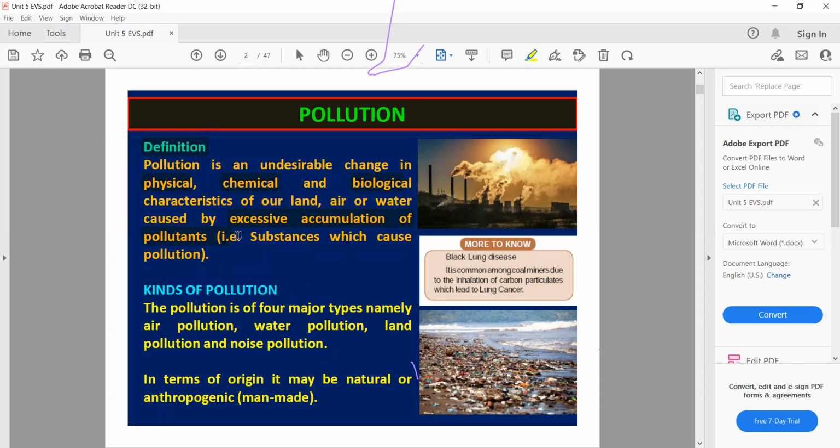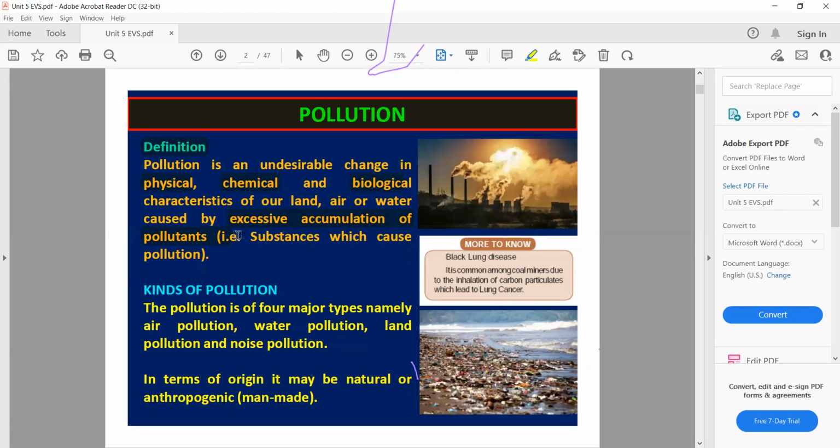Suppose the river gets polluted, who will be affected at the end? We, because we drink that water and use that water for household chores. We consume the fish from the river, and the pollutants that accumulate in their body get biomagnified in our system, and we ultimately get affected.